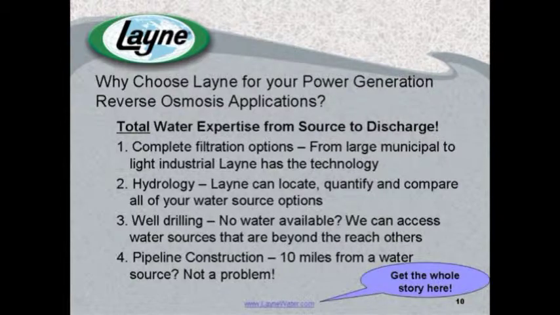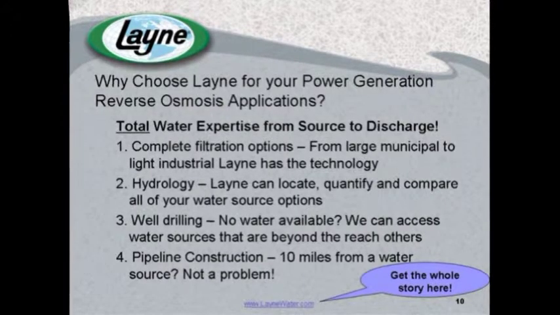Third, going back to the well drilling, having a team of experts on hand that can sink wells and well fields to make sure that your process needs are met no matter what the conditions. Finally, of course, once you sink a well, you've got to get that water out and you have to get it to the plant. Having a company on your side that has the experience to transport water via pipeline, create those pipelines, maintain those pipelines, can sure be a big help. So four quick reasons why you might choose Lane.